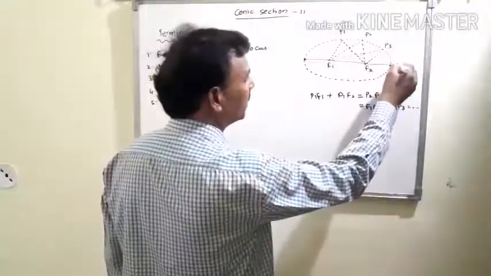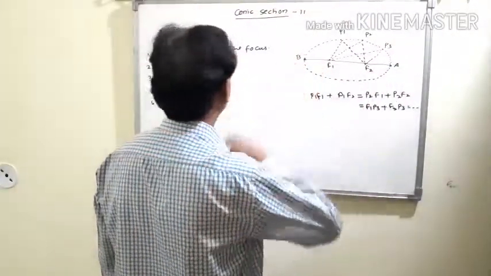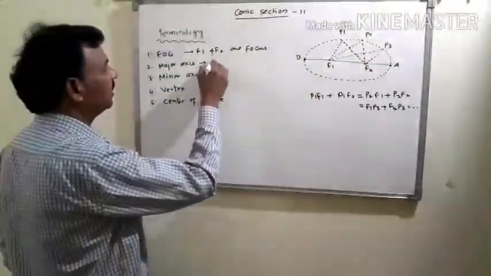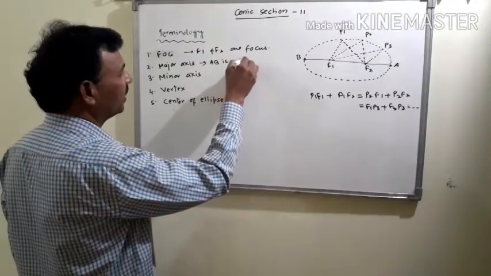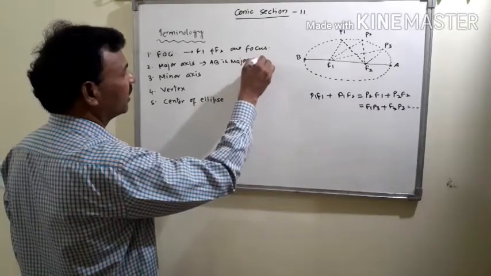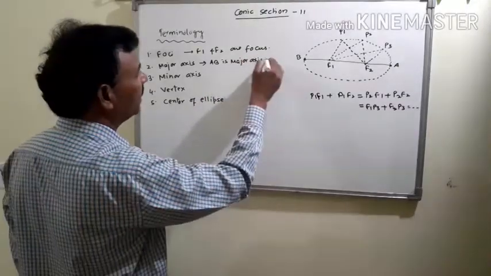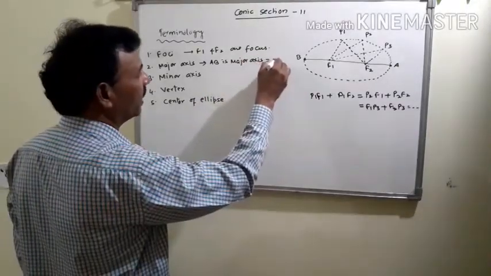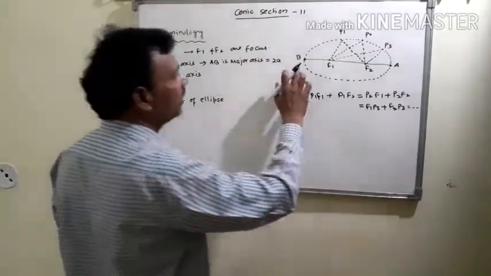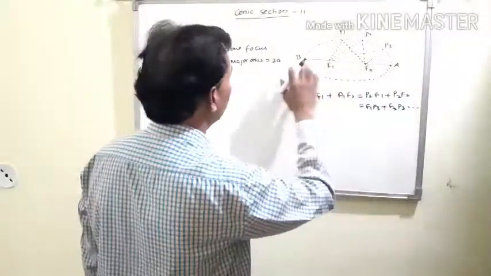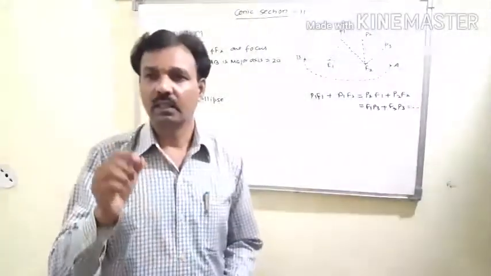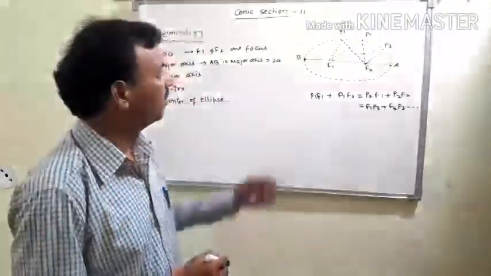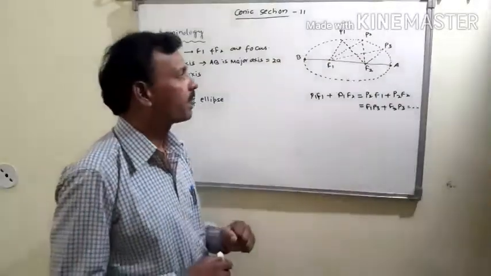Suppose this is the point A and this is the point B, then AB is the major axis. It is denoted by 2A, which means the length of AB is 2A. So the length of the major axis is equal to 2A.